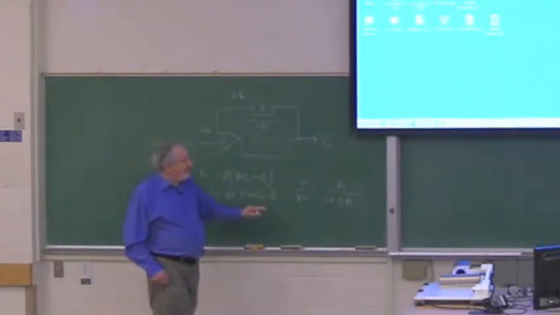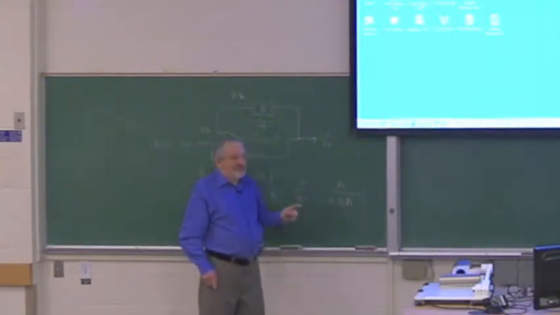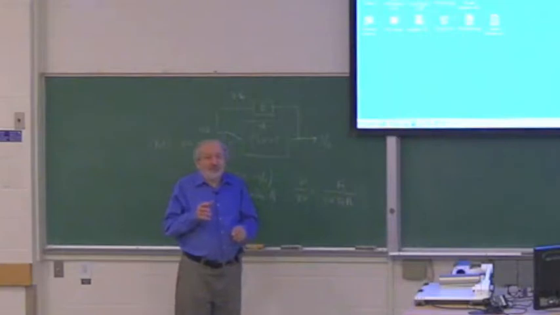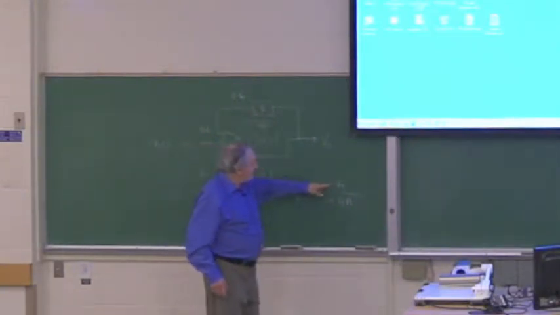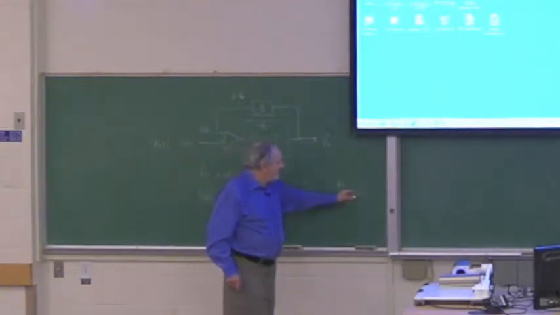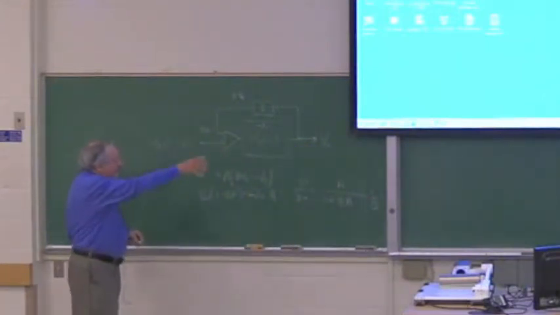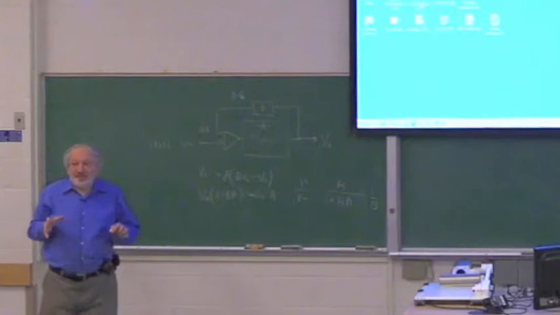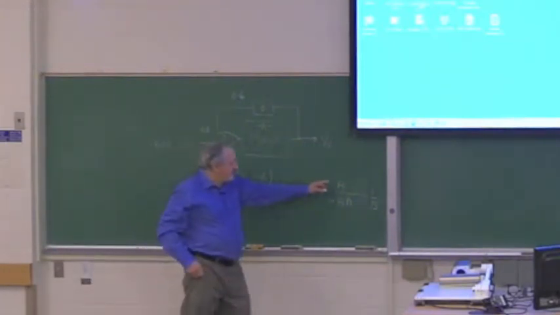Now, the significance of this is that if A is large enough, if the gain is large enough, the only thing which determines the transfer function is the feedback. Because if A wants to go to infinity, BA is much bigger than 1, so in A over BA, A cancels out, and you get 1 over B. So the transfer function of the whole system is 1 over B for very large gains, which is very good, because it means if the gain changes, it doesn't matter.